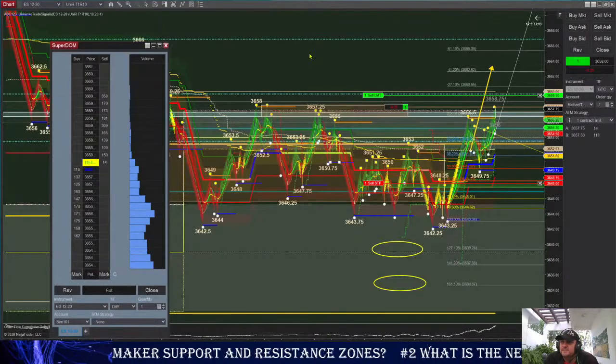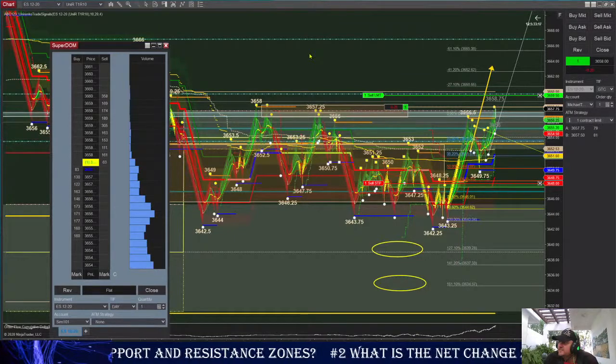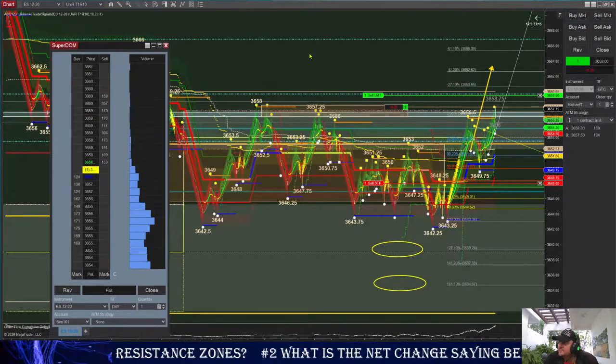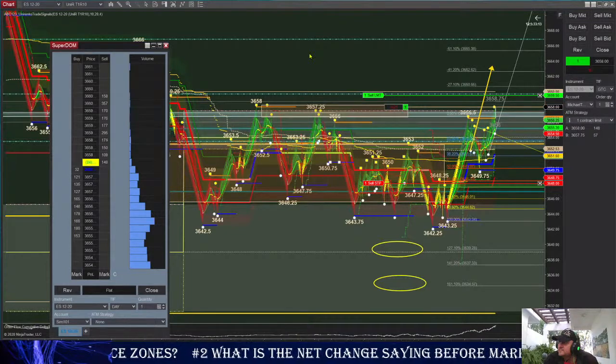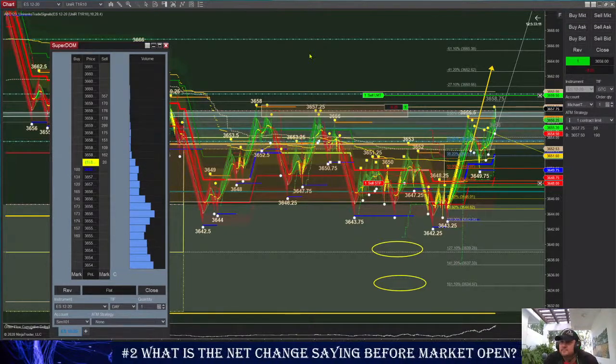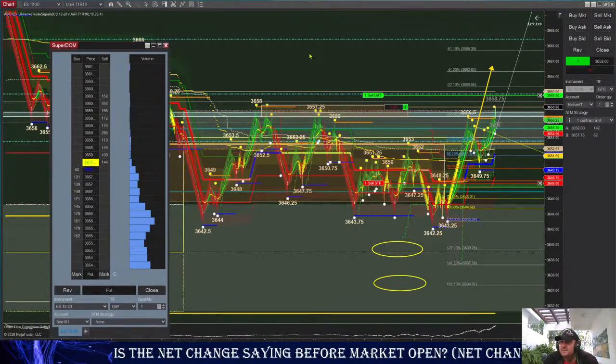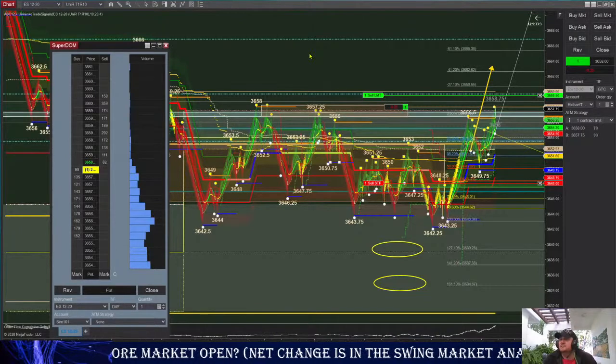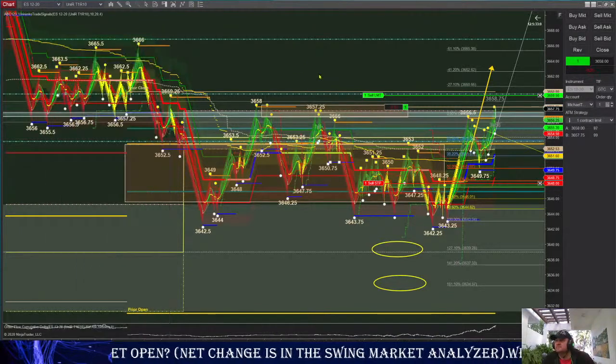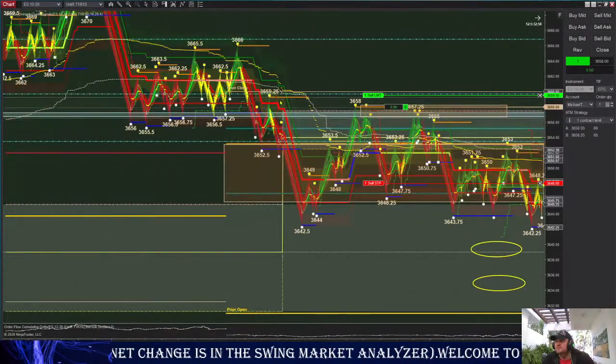We'll see. And what they're going to do is they're going to front run it and then they're going to make it disappear. So 59.25.